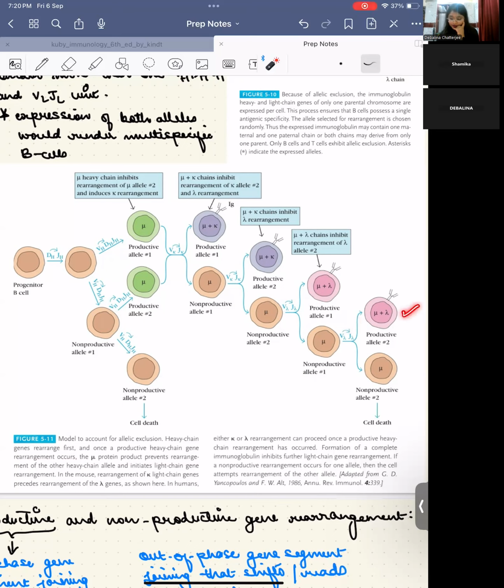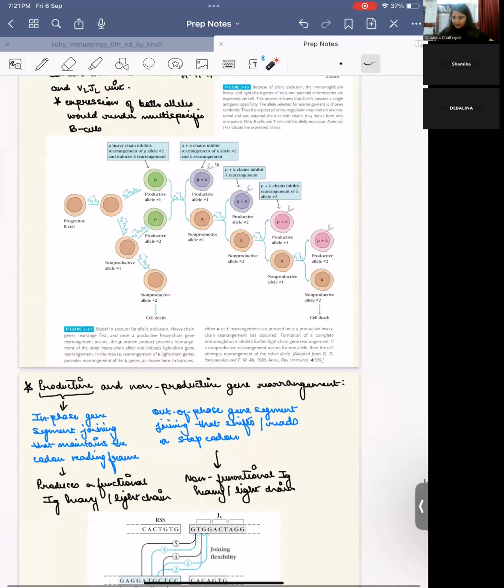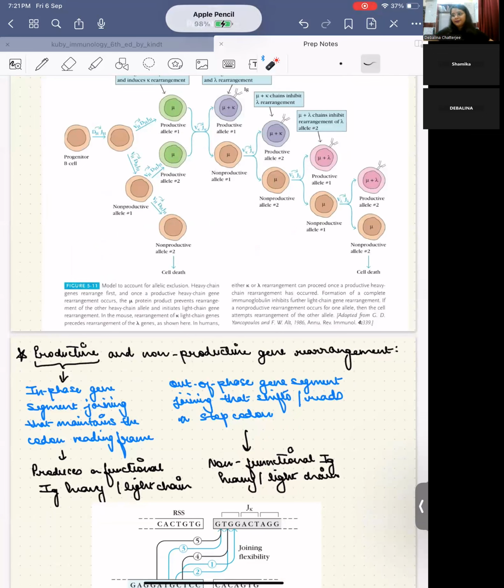If we then have a productive one, the cell is selected, and otherwise the cell is ultimately triggered for death. If it has failed and exhausted its chances of recombining into a productive allele for all the types, it is going to be triggered for cell death. Is this clear so far?